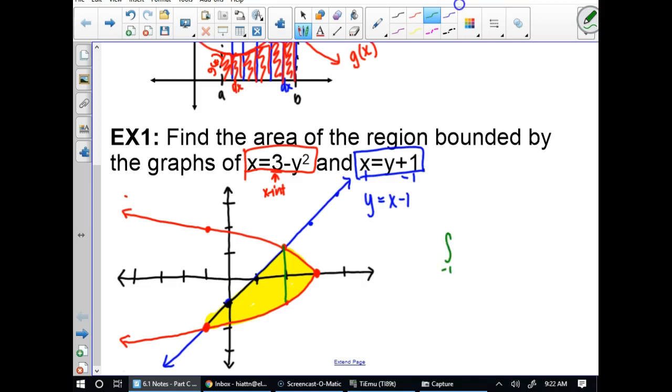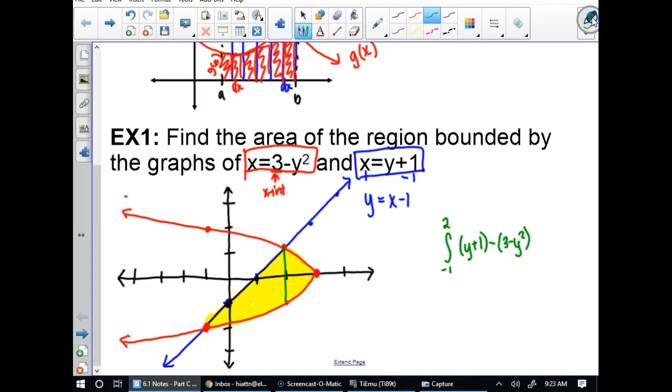From negative 1 to 2, and you don't need to necessarily write this down because we're going to do it a different way, then I would have y plus 1 minus 3 minus y squared. Well, there's some problems with that, but let's just go with it for right now.